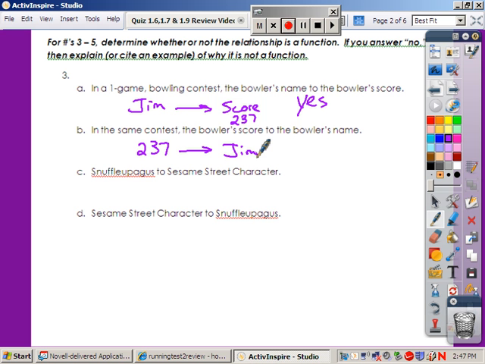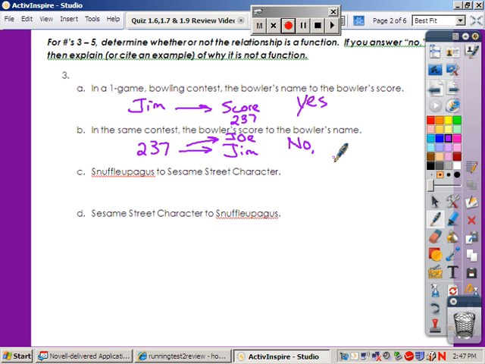What if it also goes to Joe, who also did it? It's possible that both of them could have bowled a 237. So the way you would say this is, no, it's not a function, because that score leads you to multiple names.